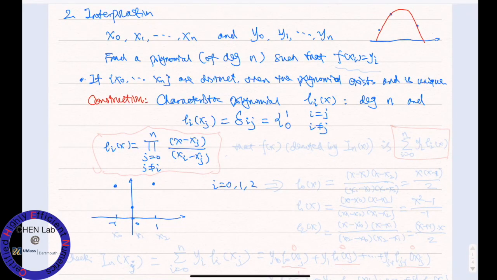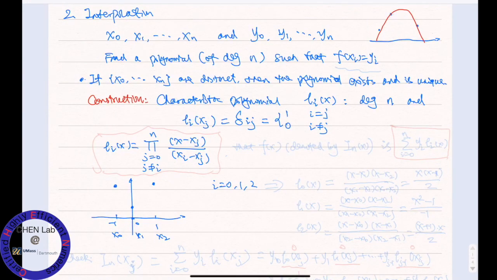We get x0, x1, x2. If there are more points, you keep numbering them. It's 3 points, 0, 1, 2. So that's our i.